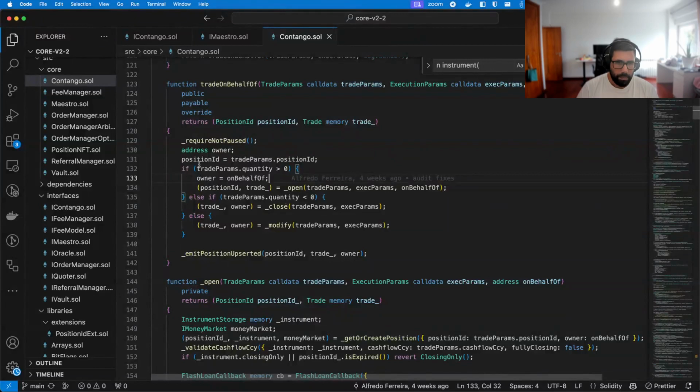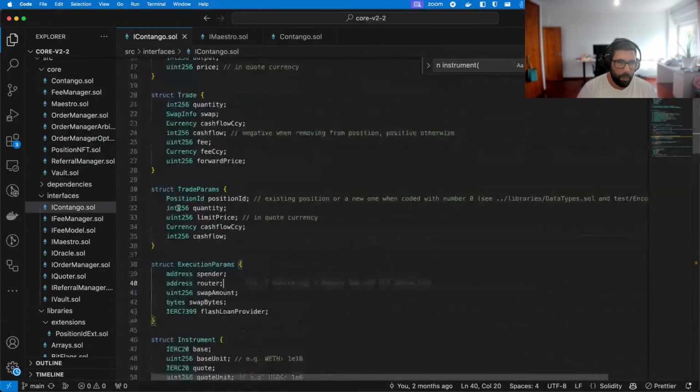We can see, depending on the sign of the quantity, that's something important. We use signed numbers in a bunch of places, which from what I've seen is not very standard in smart contracts, but we like to use signed numbers so you can always add up an open trade with a closed trade, and they add up nicely to 0 or to the new position size.